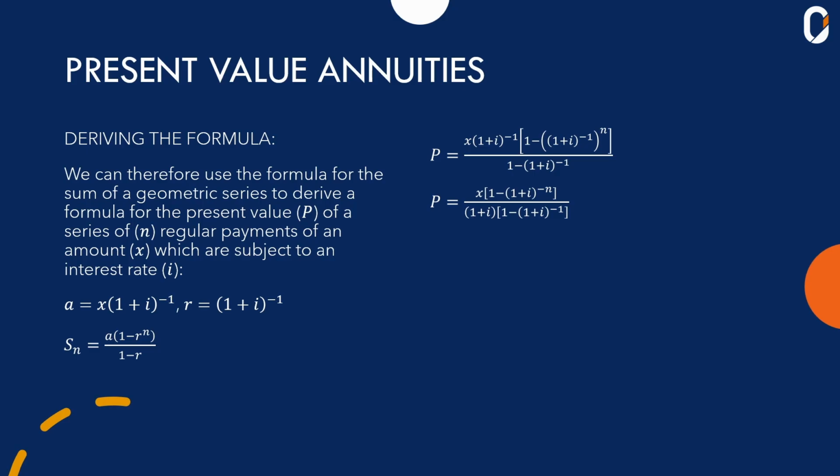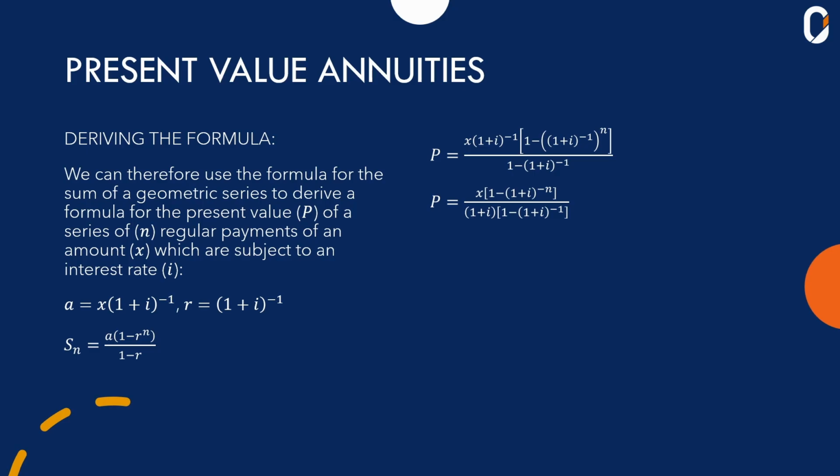I'm going to multiply the circular bracket into the square bracket, that is (1 + i) multiplied by 1, and again (1 + i) multiplied by (1 + i)^(-1). The (1 + i) multiplied by 1 will still give me 1 + i, the negative sign I'm going to write down as it is, and then (1 + i) multiplied by (1 + i)^(-1), they will cancel each other out to give me 1.